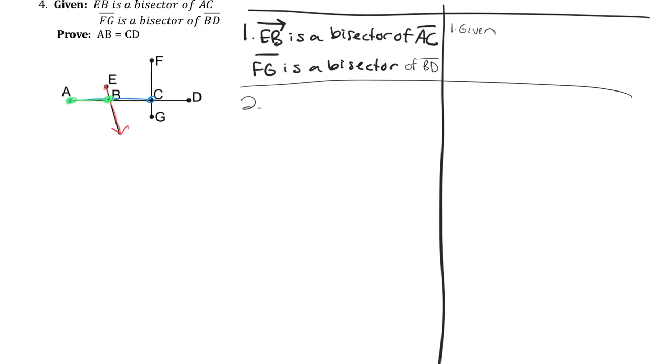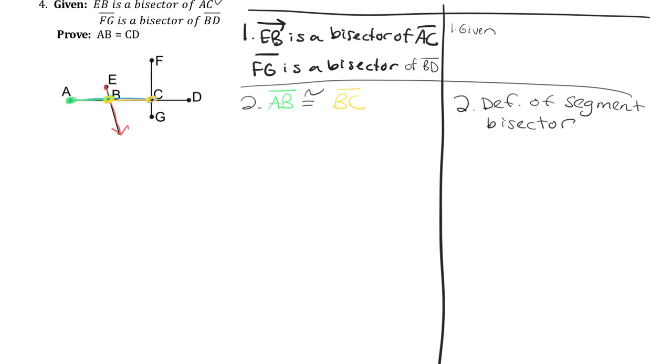So that would mean that this segment on the left, segment AB, must be congruent to the segment on the right, which is segment BC. So we're using the definition of a bisector, specifically definition of segment bisector, not angle bisector like we've done before. We're bisecting a segment, not an angle. All right, so we just used up our very first given here.